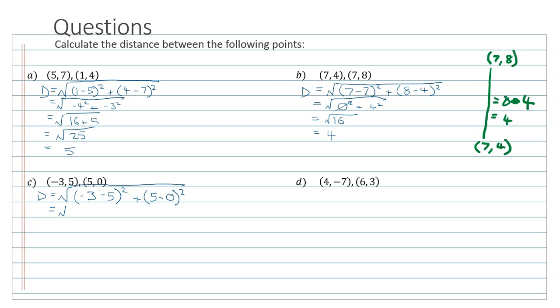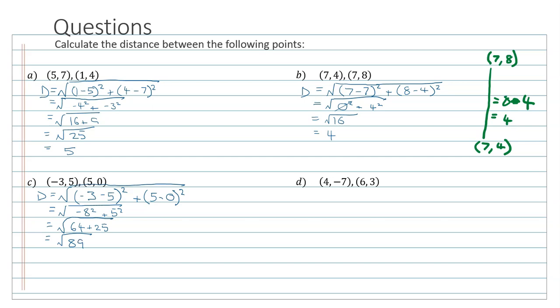These are going to add together because they're both negative, so that's negative 8 squared plus 5 squared. Negative disappears because it's negative 8 times negative 8, so it becomes 64 plus 25. And that one becomes 89 by the looks of it.